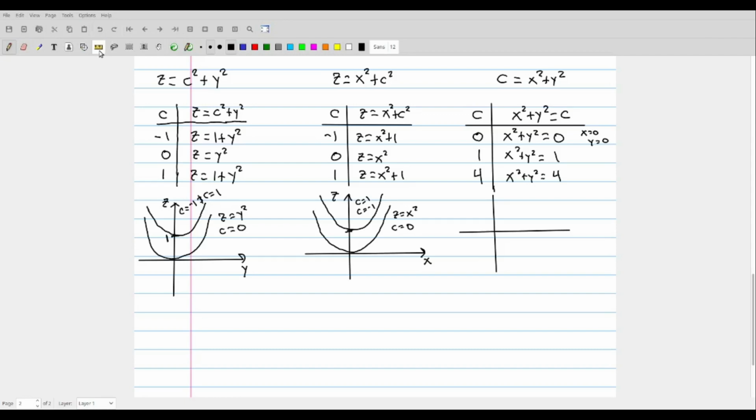But the z trace here is exactly going to be the point. So the origin point here. Right, this corresponds to c equals 0. And then we have a series of concentric circles for our other traces.